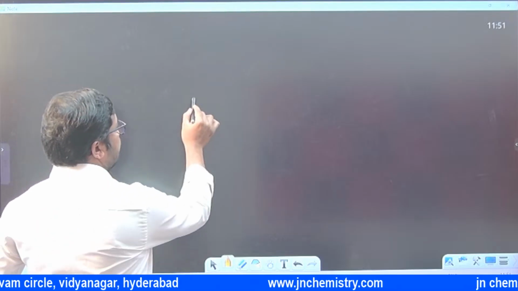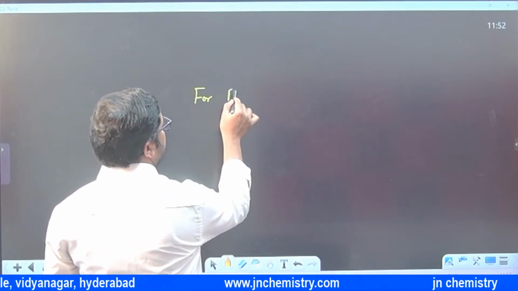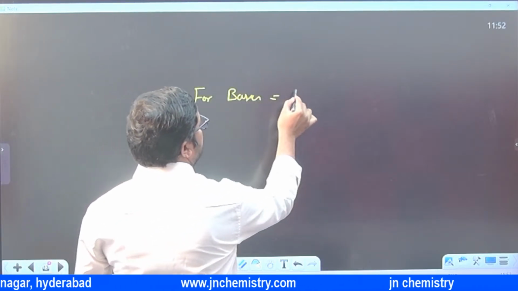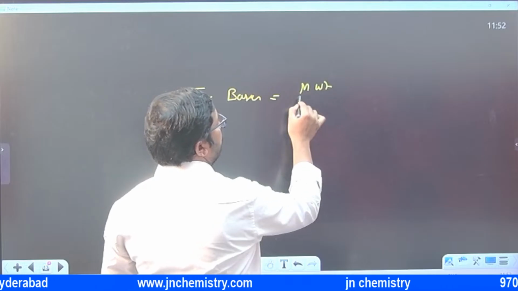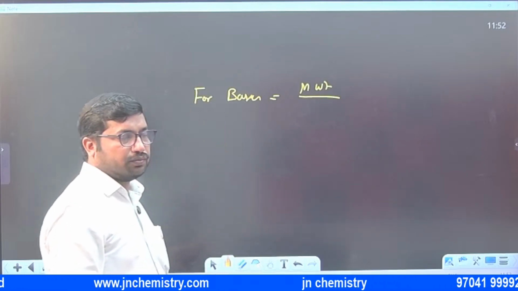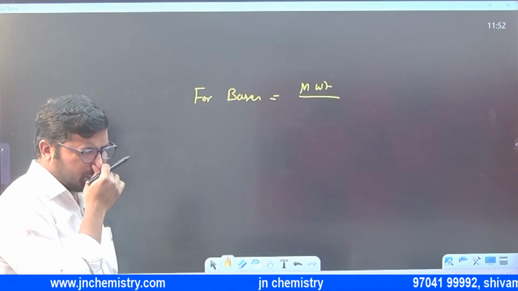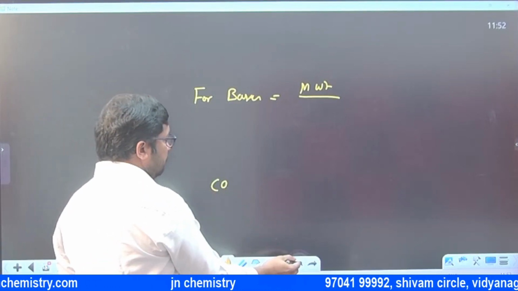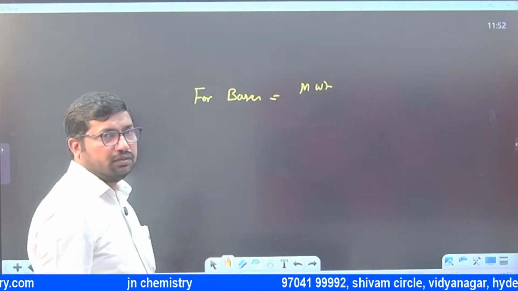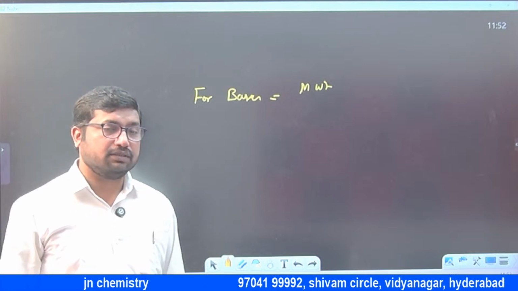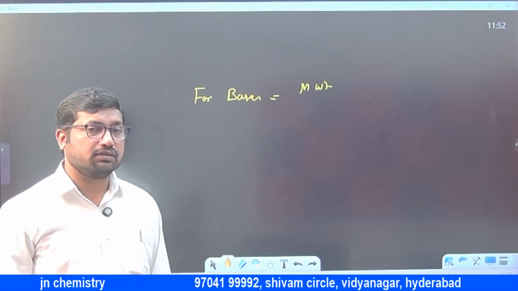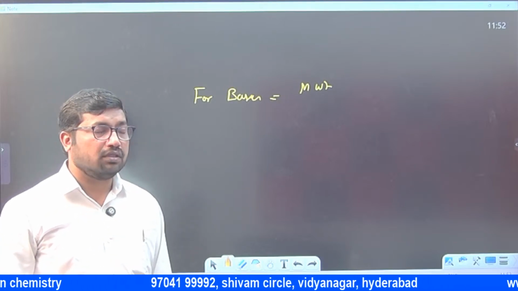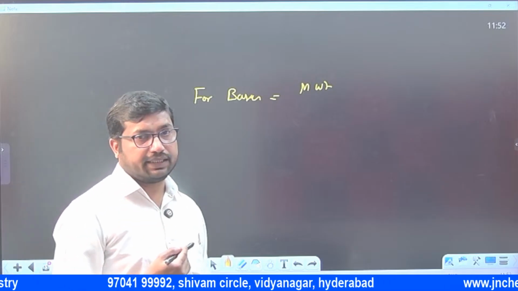For bases, molecular weight by number of replaceable OH groups. And if, for example, CO2 is there, in the case of acids, they don't have the H plus, then how can we calculate the n factor? Balance the number of H plus ions they are taking.